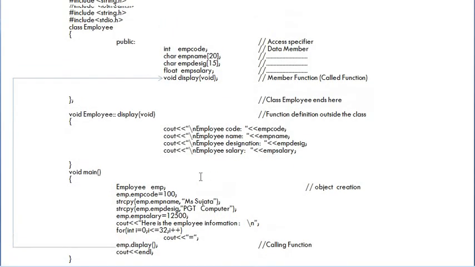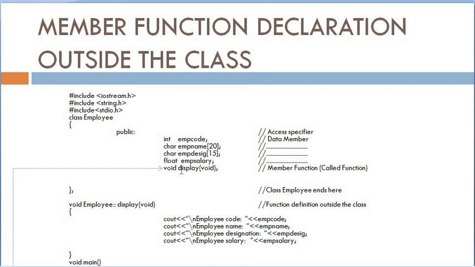Now look at this program. In this program, you can see the member function display declared inside this class called employee. But if you look at this member function display, it doesn't have its body. The body part of this member function is shown outside of the class. So this is the class employee having its body as represented by the opening and closing braces and the semicolon, this is the member function, and these are the data members, which are EMP code, EMP name, EMP desig, and EMP salary.